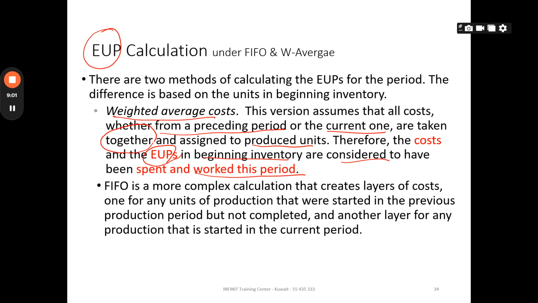So even the cost of the beginning inventory you will add to the cost of the current period. But under FIFO, there is a more complex calculation that creates layers of cost for any units of production that were started in the previous production period but not completed, and another layer for any production that is started during this period. So you will have a previous period calculation and you will have a current period. Under FIFO, you will have two layers of calculation.